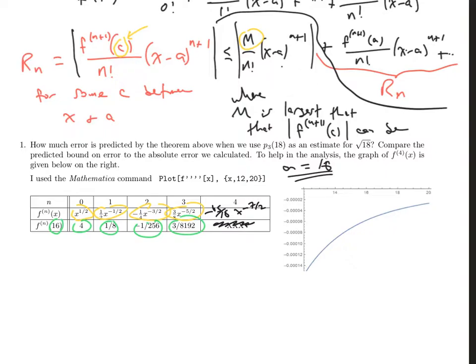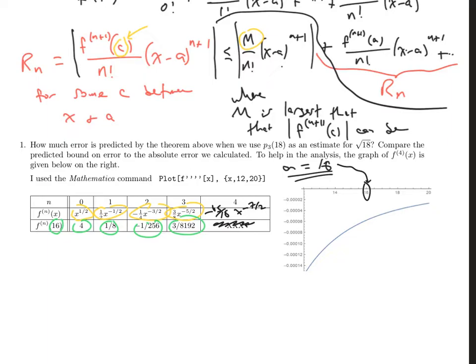So I have negative 15/16 x to the minus 7/2. And you see I've plotted it here. And remember, the center of my approximation is at 16. So that's the middle of the approximation. So I want to make sure I plot it in a way where that looks like it's in the middle of my screen. So this is a graph of negative 15/16 x to the minus 7/2.